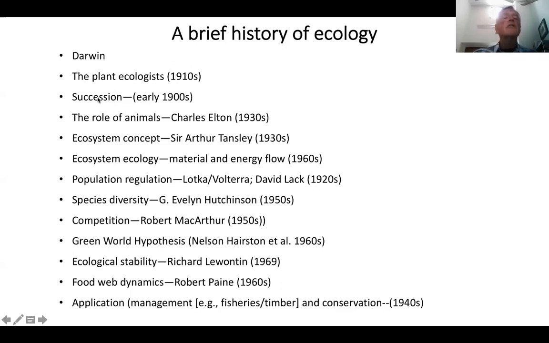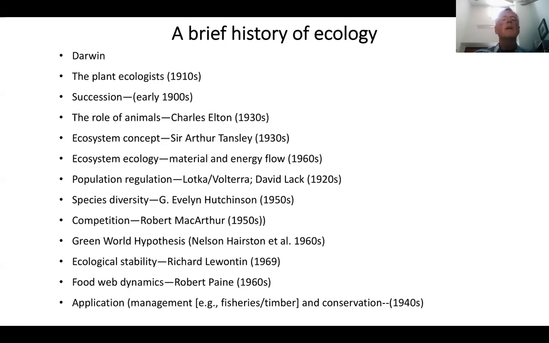Plant ecology then grew into a branch of process called succession. And succession was the study of the way plant communities change following a disturbance. So everyone recognized that nature was constantly being disturbed. There were fires. There were all kinds of things that were happening.